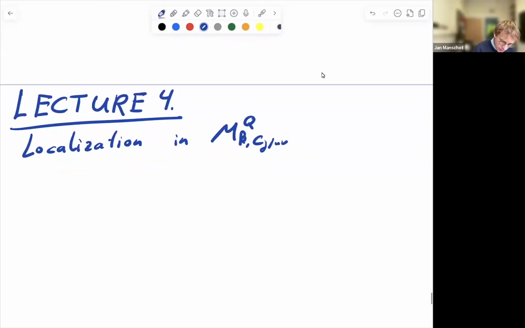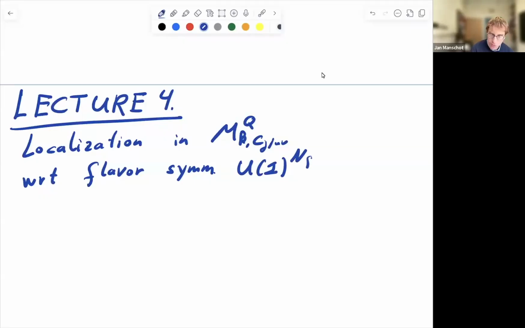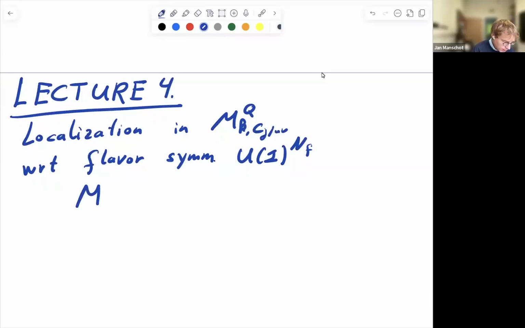We have a flavor symmetry U(1)^{N_F}, assuming that the masses for the hypermultiplets are different. We can simply rotate these monopole fields or spinors M_j by a phase, e^{i alpha} M_j.